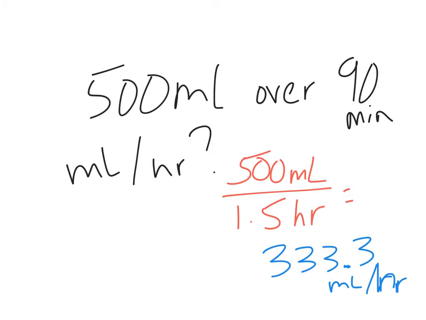Now, those are the two most common things that you guys will see in terms of IV dosage calculations, where you'll be asked to calculate drops per minute. And again, of all the information in the problem, keep an eye out. We're looking for drops per minute. I need a volume, a time, and a drop factor. Keep in mind that your time has to be in minutes.